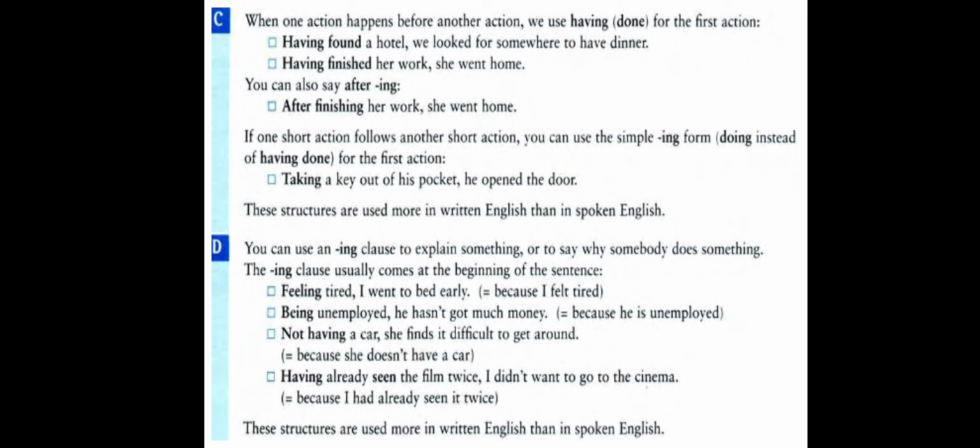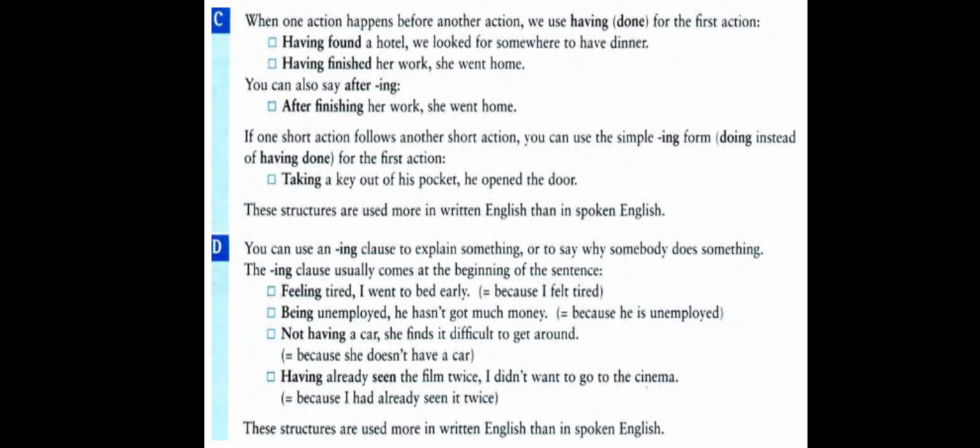D. You can use an ing clause to explain something or to say why somebody does something. The ing clause usually comes at the beginning of the sentence. Feeling tired, I went to bed early.